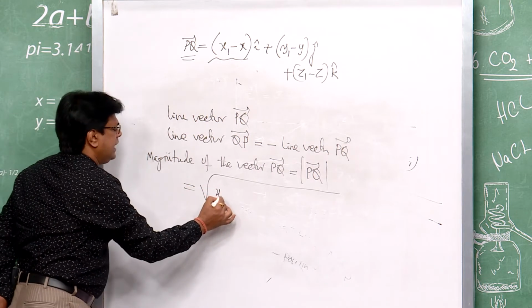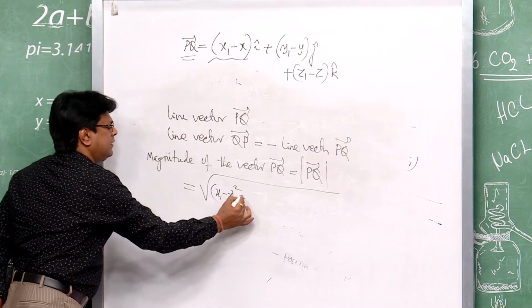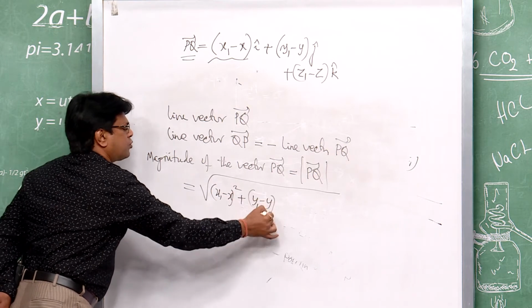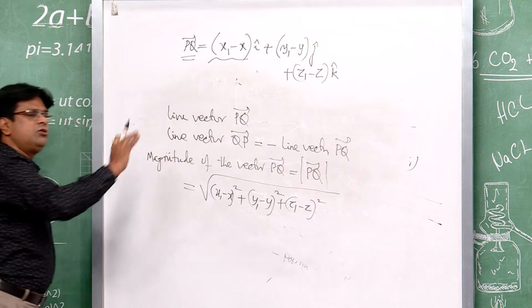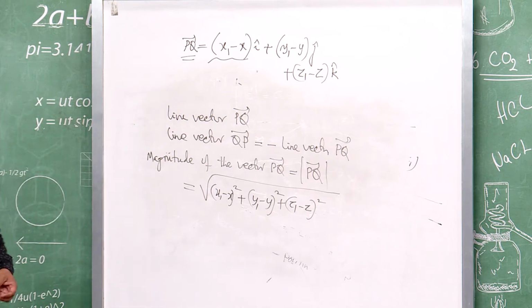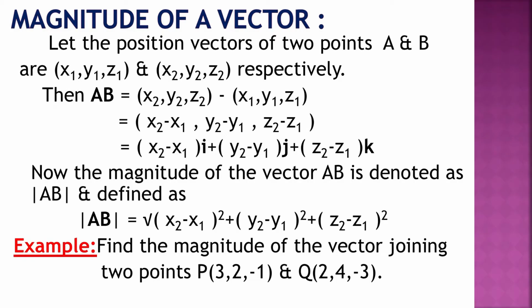So, the magnitude is the square root of x1 minus x whole square plus y1 minus y whole square plus z1 minus z whole square. So, this is the magnitude of the vector. Already this can be displayed in the slide.